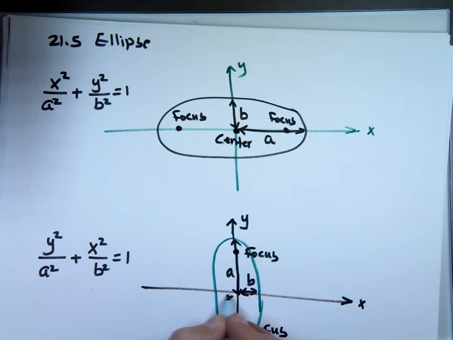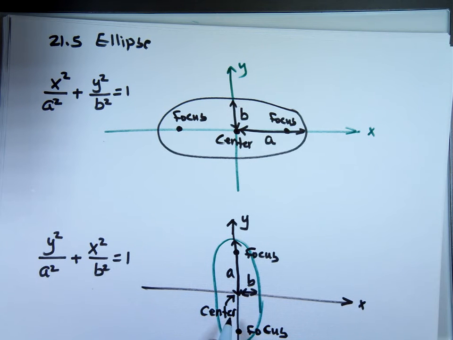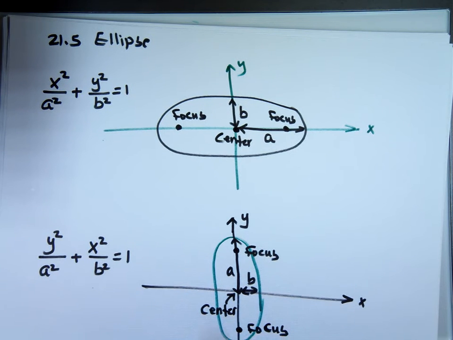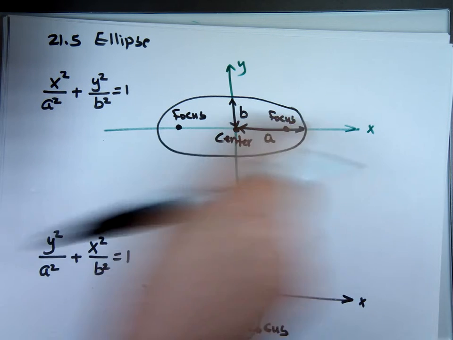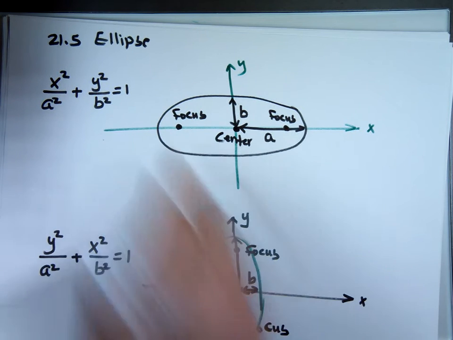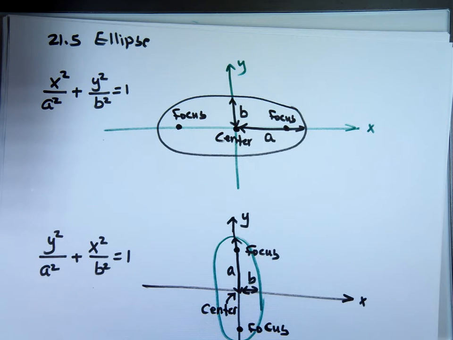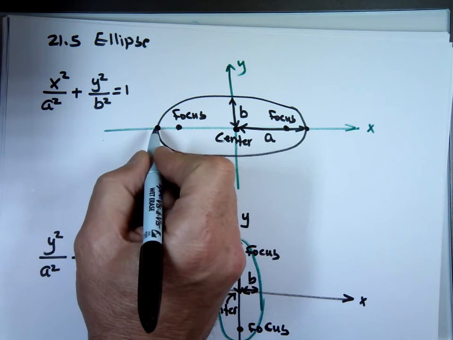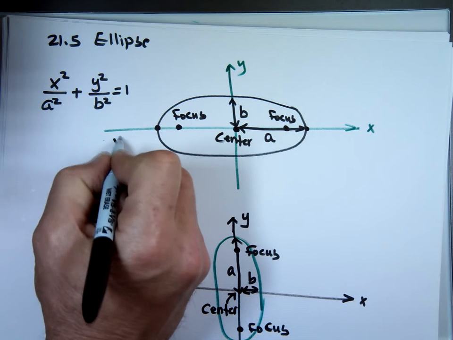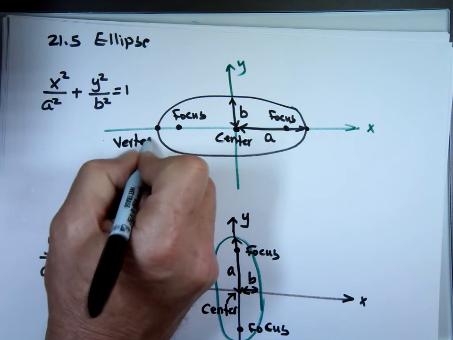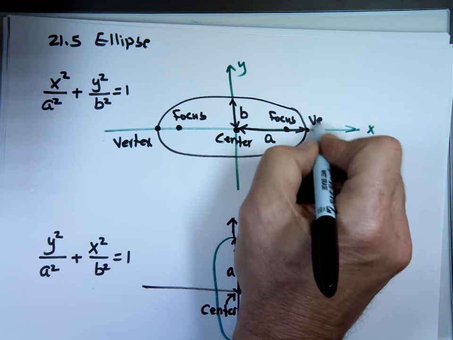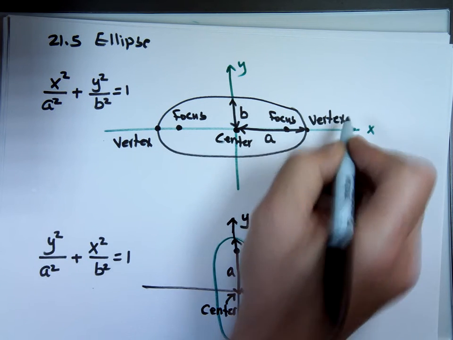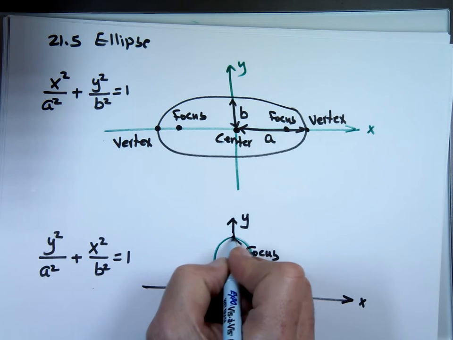Again, that's right there, the center. That's the vertex up there. That's the origin here, the center, the origin. Now, these points at the end of the graph are your vertices. We call each one a vertex. And if it's up and down, there's your vertex.